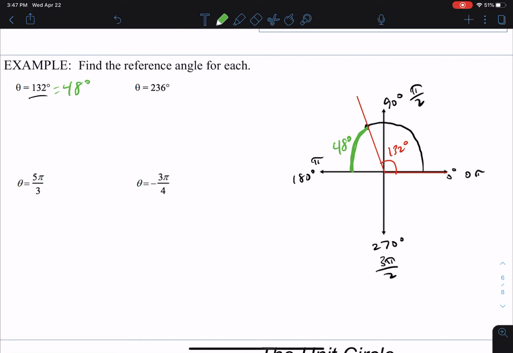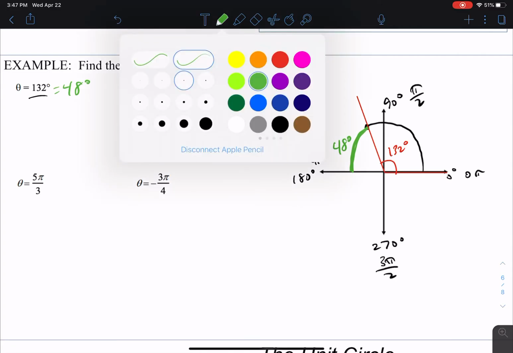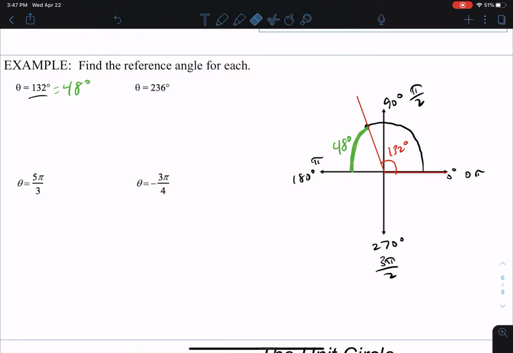Okay, the next one is 236. Let me erase this. So 236, figure out where that is. Well, that's going to go around, around, around. It's going to be somewhere right about there.